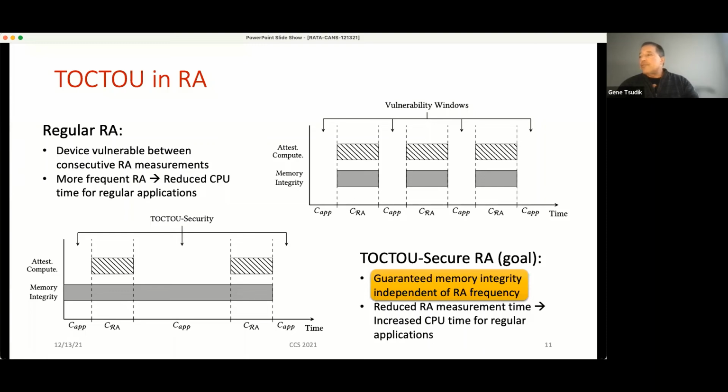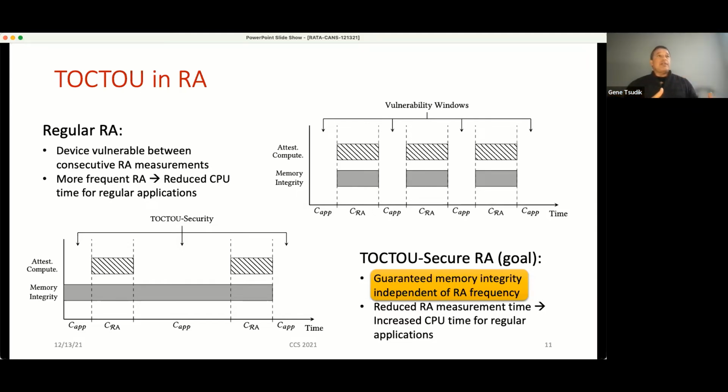So that's a problem. And so our goal in this work is to attain what we call TOCTOU-Secure RA, a TOCTOU-secure remote attestation that guarantees that memory on the prover device is monitored and all modifications are recorded, not prevented, recorded, noted.